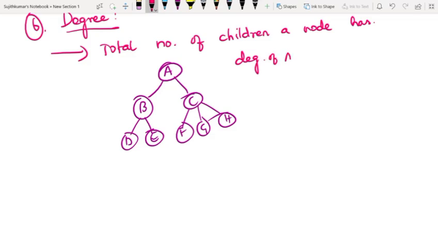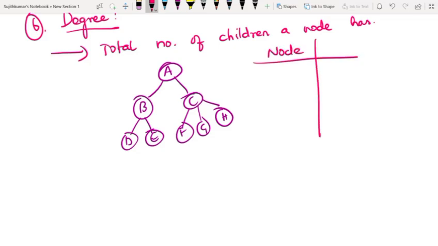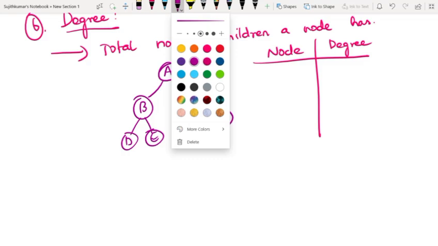If somebody asks me, let me put a table so that I'll write the degree for each and every node here. You can write the degree for each and every node, guys. So this is node and this is the degree value, right? So first, what is the degree for A?